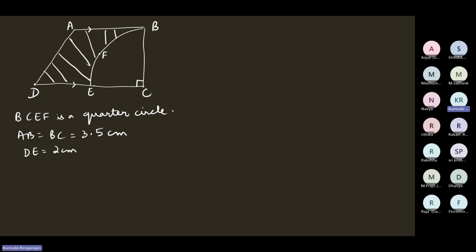You need to find the area of this region, children. This region. You need to find the area of this region.